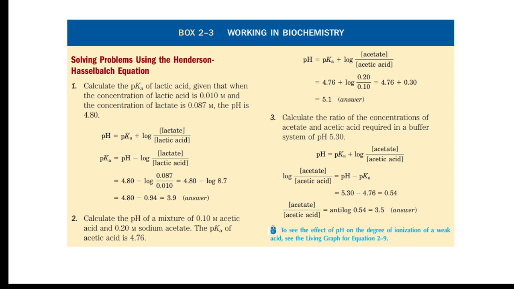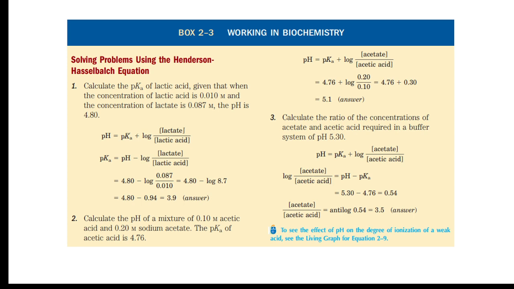Our second problem asks us to find out the pH of the mixture wherein the acetic acid molar concentration is 0.1 molar, sodium acetate's molar concentration is 0.2 molar, and the pK of acetic acid is 4.76.